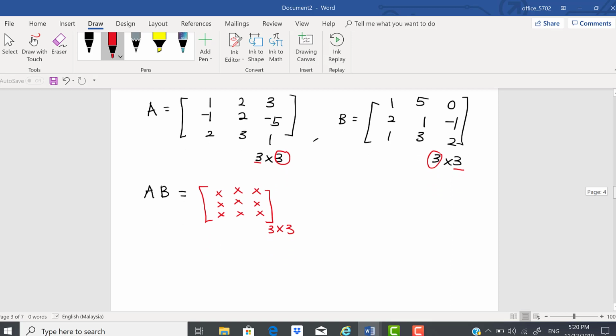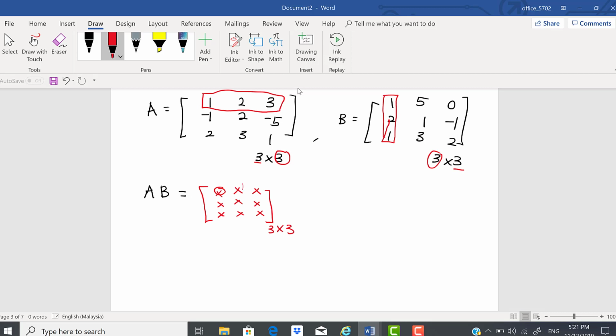We have 1, 2, 3. That means this first row 1, 2, 3 must be multiplied with the first column of matrix B. Then you get the value for the first element.